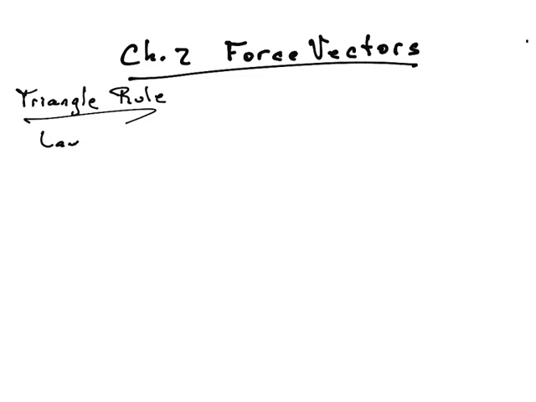First is the law of sines. And if you remember from our trig review, the law of sines said sine of alpha over A is sine of beta over B. And it's basically given some triangle.